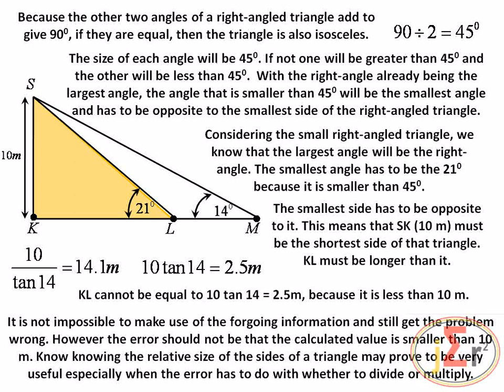However, there is another error that is possible, in which the student might use the wrong trigonometrical ratio. If the wrong trig ratio is used, then we will get the wrong answer in the end. But if we have the correct trig ratio and it is just to determine whether to multiply or divide, then knowing the relative sizes of the sides of the triangle may help us in totally eliminating that error.